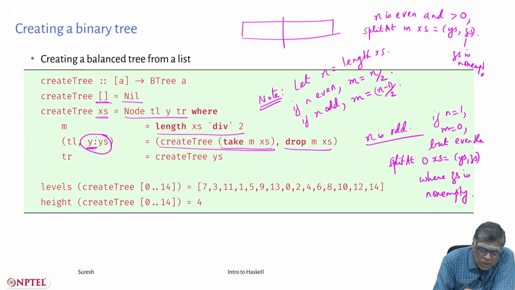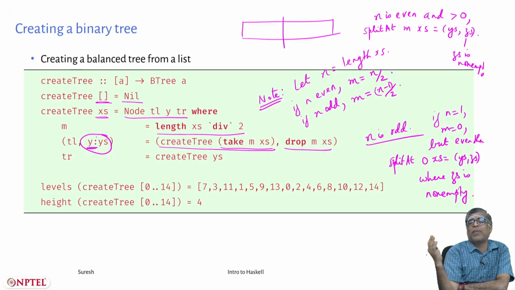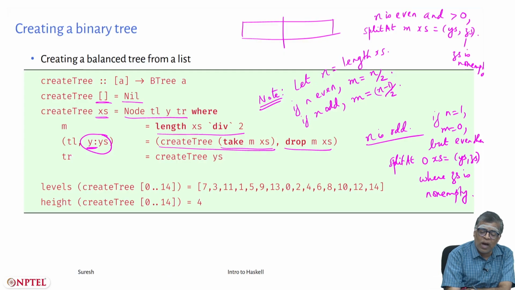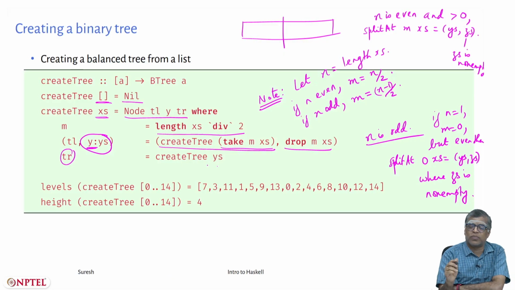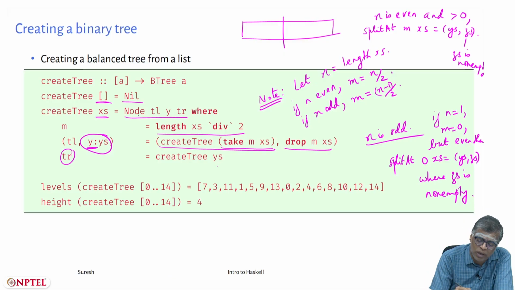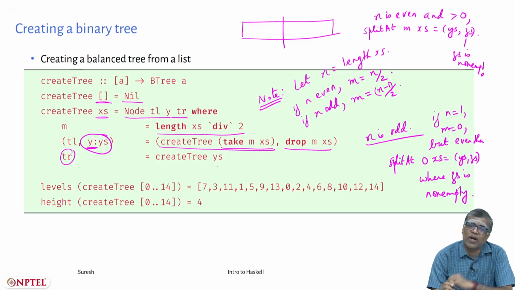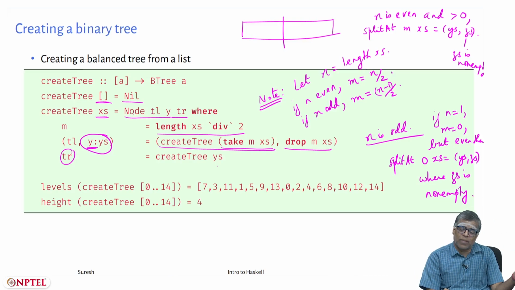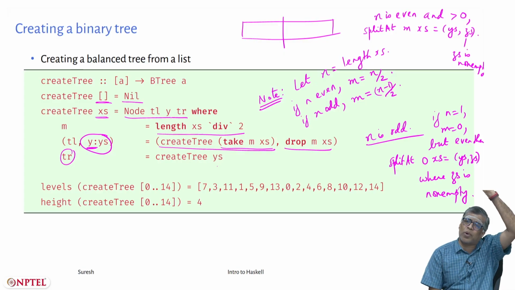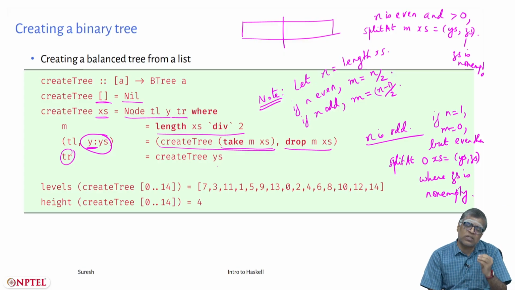I am able to pattern match drop m xs against y colon ys, because there will always be an element there. And TR is create tree of ys. And then these three things are what I am putting together: Node TL y TR, where TL is create tree of take m xs, the y I will promote to the root, and TR is create tree of ys.